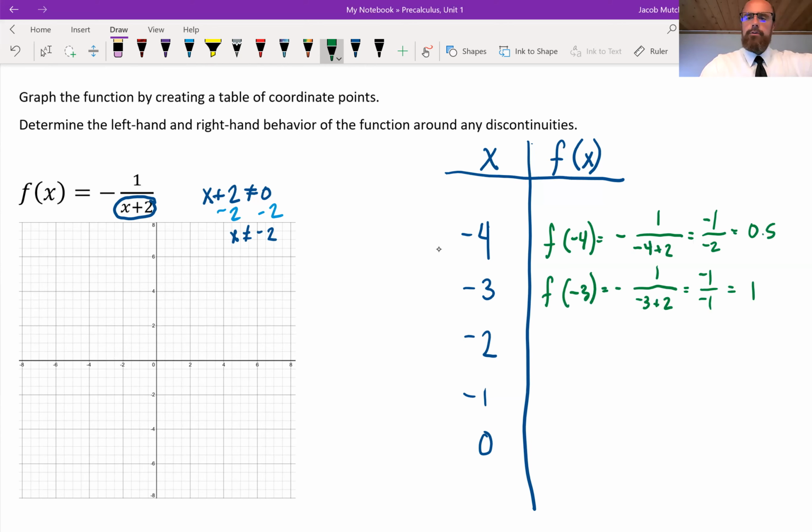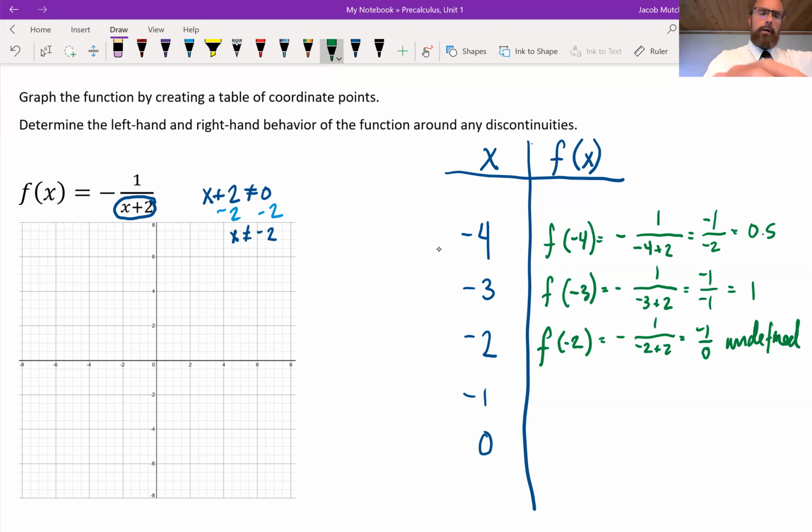So -2, we've already seen, is going to be undefined. We can just demonstrate it here. f at -2 is -1 over -2 plus 2, which is -1 over 0. Can't divide by 0. That's undefined.